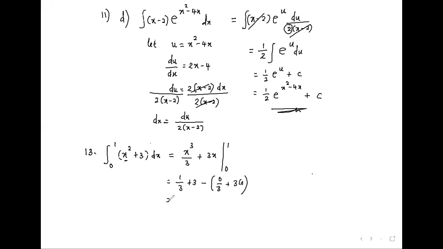So you see, we're going to get 10 over 3 minus 0. That's how you treat the definite integral. So when there are limits involved, you integrate and then substitute the limits, starting with the upper wherever there's x, and then ending with the lower wherever there's x.